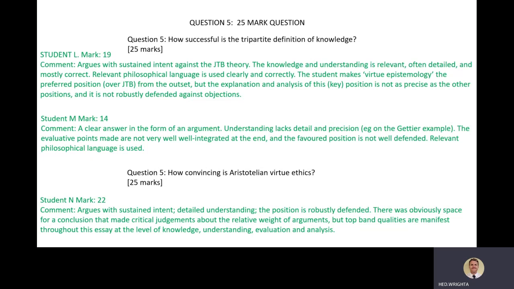Throughout the essay, there is a sustained argument. This person has nailed their colours to the mast. They explained why that's a strong view, and they've robustly defended that view from other arguments saying Aristotelian virtue ethics isn't that good, and that's why they come out with 22 marks.